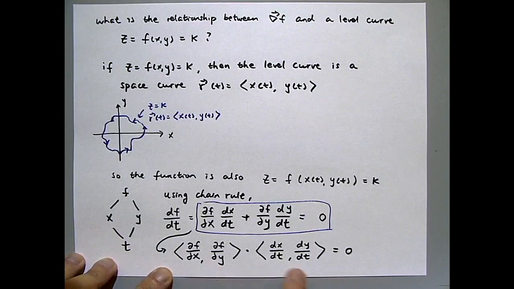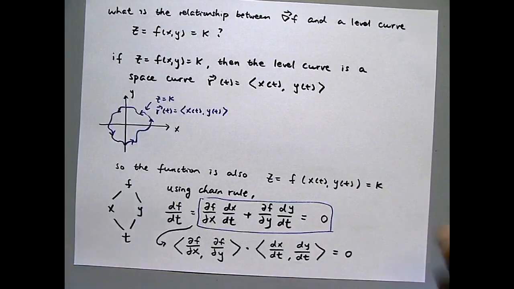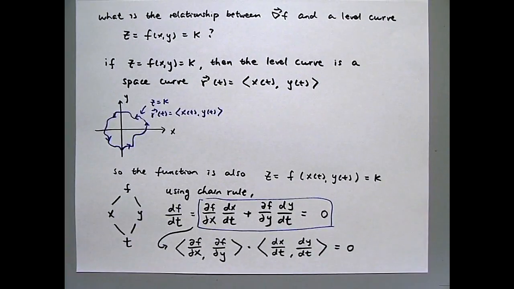The gradient. What's the second vector? R prime. And geometrically, what's its relationship to the level curve? It's tangent to it, right? So this is the gradient vector, and this is a tangent vector to the level curve. And if you dot these two, you get 0.